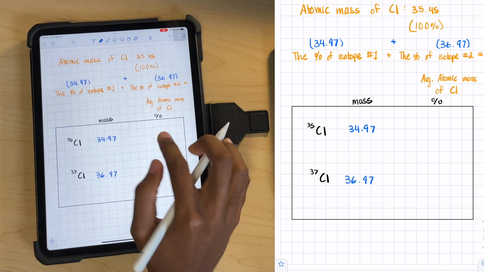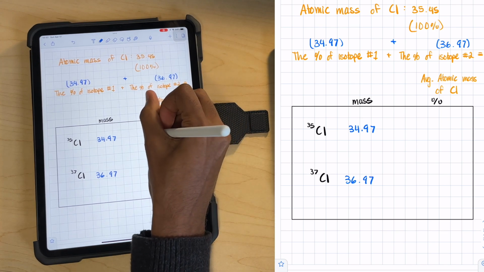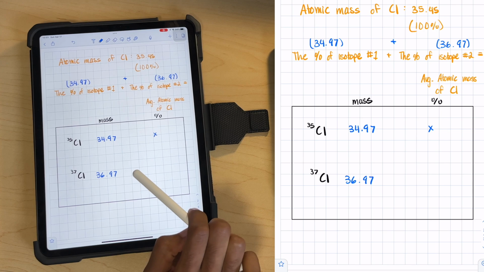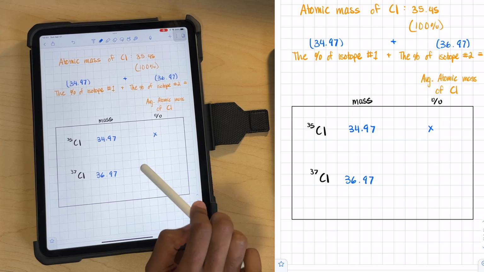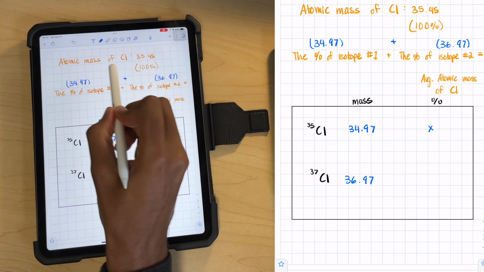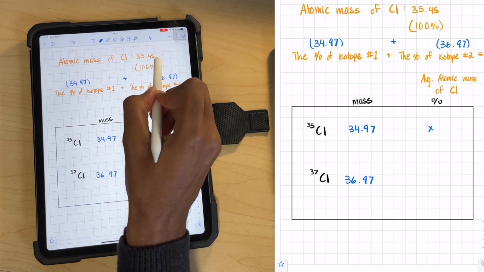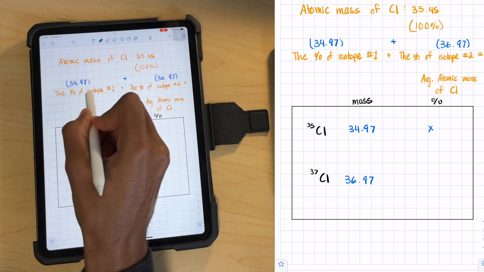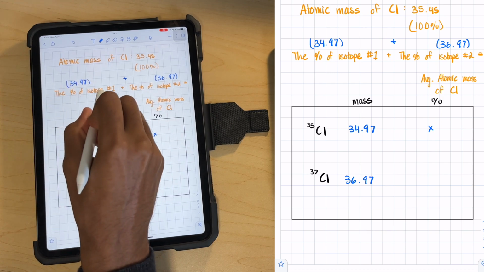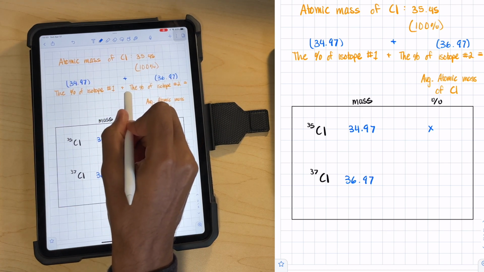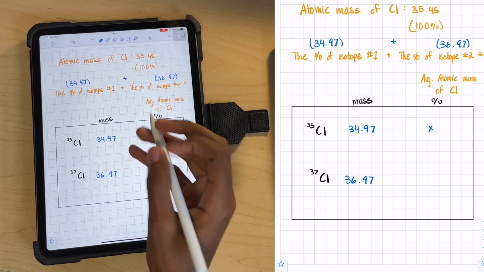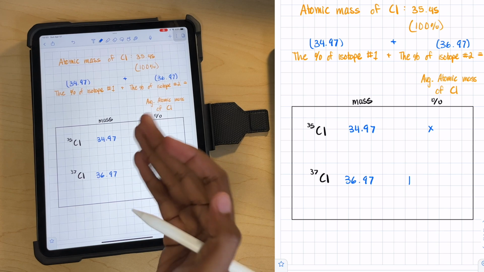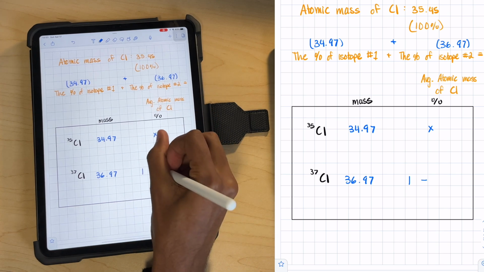We don't know the percentage, so we can say it's X. Whatever this number is, we subtract it from 100%, because the average atomic mass is 35.45, and this equals 100. If you subtract isotope number 1 from 100, you get isotope number 2. In decimal form, that is 1 minus X.